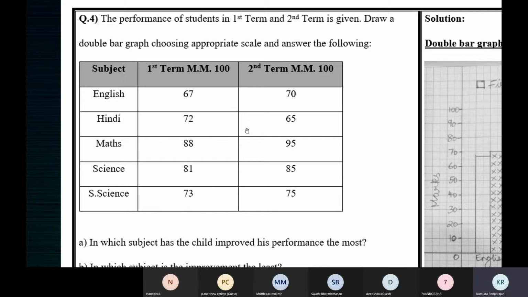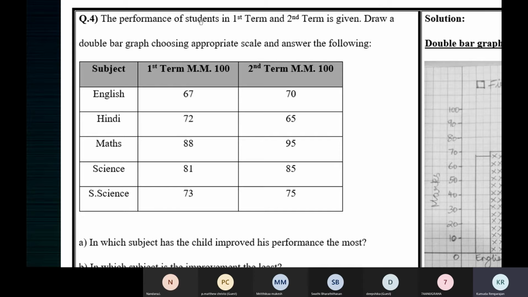You'll have to draw a double bar graph, choosing an appropriate scale. So this is about one particular student. The performance of a student, it's not of students.